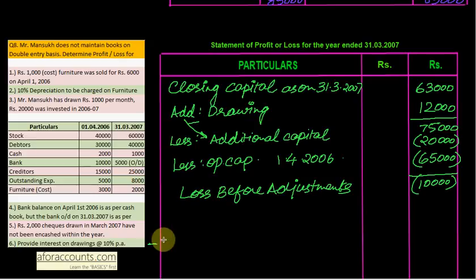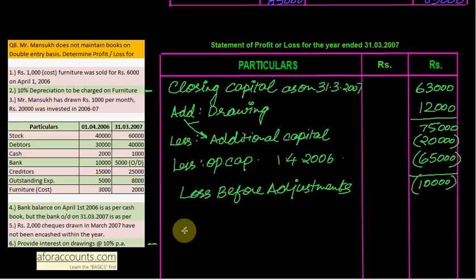This all is left. So just start. First of all, the closing balance of furniture is 2,000, and see what is the rate given. 10% depreciation is to be charged on furniture.